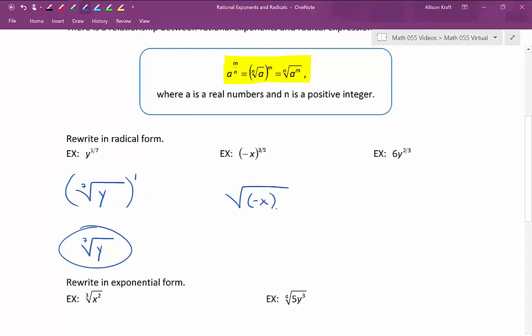As long as you put the exponent on the outside of the radical, you could drop the parentheses. But if you are going to put the exponent inside the radical, you have to have the parentheses. The denominator of our rational exponent is our index, and then the numerator is the power that we're raising all that to. We get the 5th root of negative x raised to the 3rd.